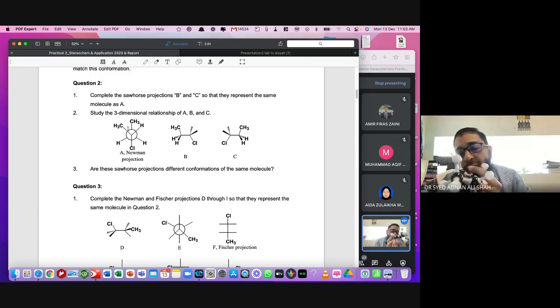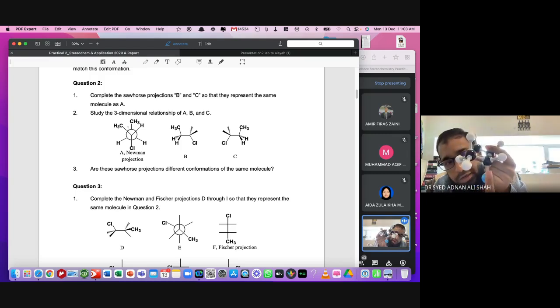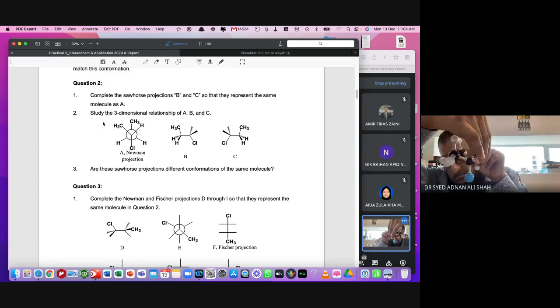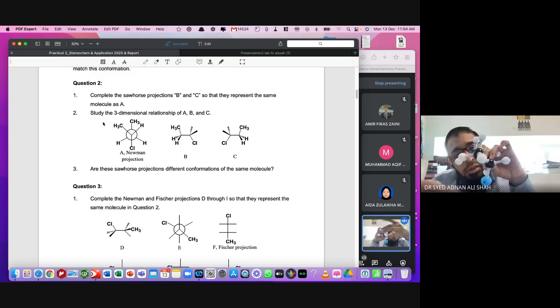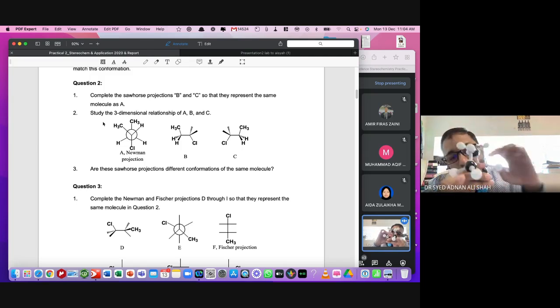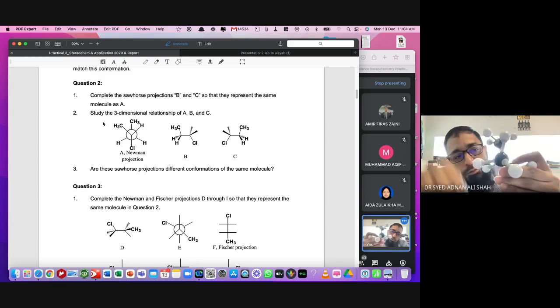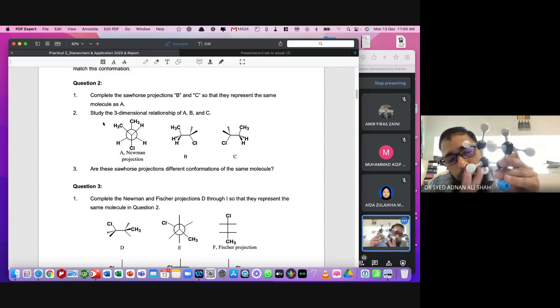The chloride is at the bottom, right? And then you have this hydrogen, like this. This one is hydrogen, and this one is the methyl. This one is the chloride, and at the back you have two hydrogens, pointed at the bottom, right?